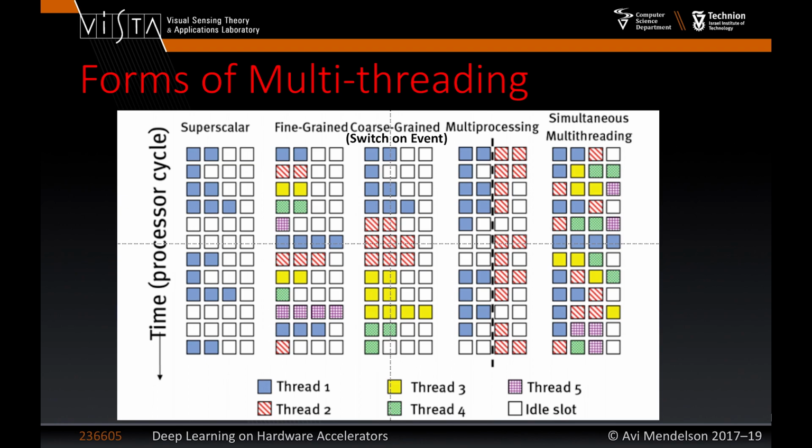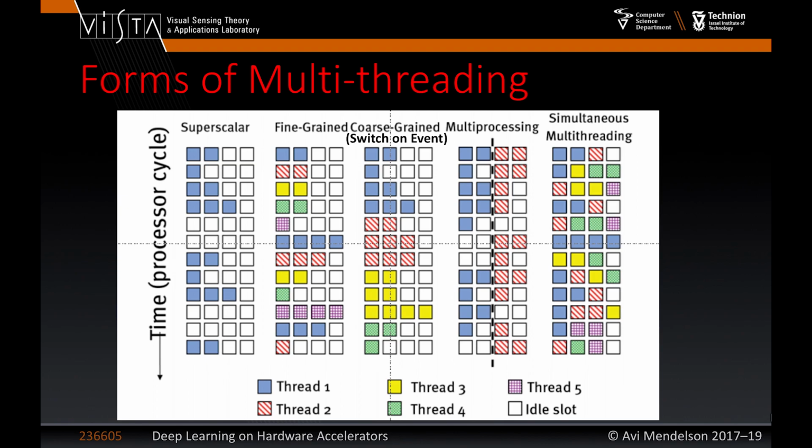The other is what we call switch on event, and this is very, very important because this is what is used by the GPUs. In switch on event, you execute something until you reach some condition. The condition can be some timeout that expired, or some long latency instruction, or sometimes, if it is very efficient, it can even be a branch.